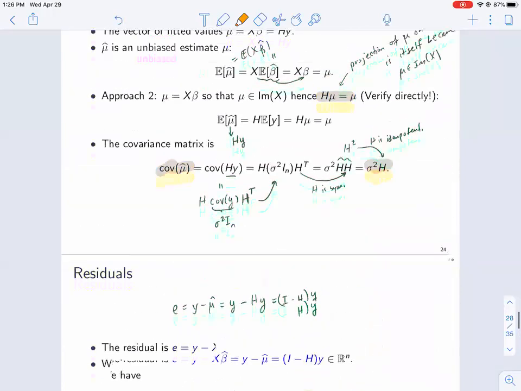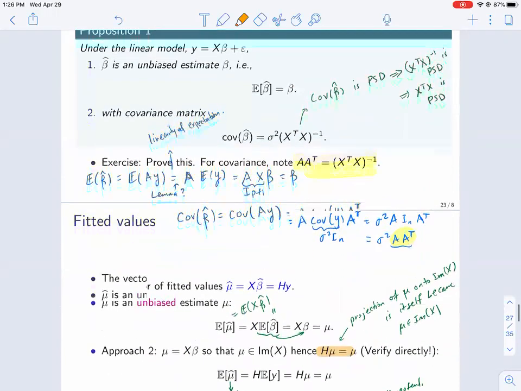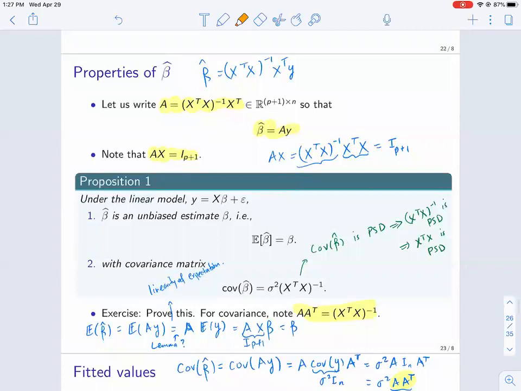So let me just ask here. Suppose I have this, I've shown this. What happens if I assume E2?